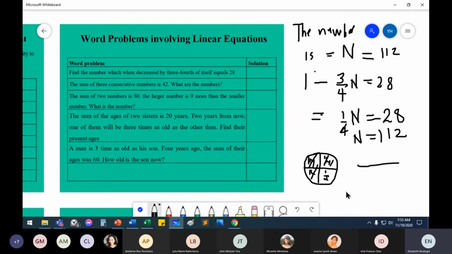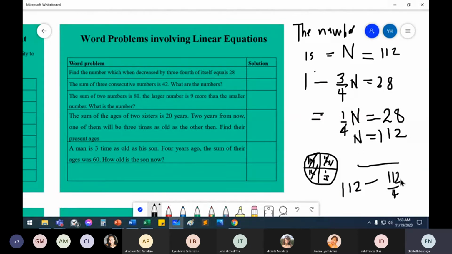Am I correct, students? Yes, ma'am, you're correct. Okay, so let's go. When n is 112, 112 minus 1/4 of this, will it give me 28?